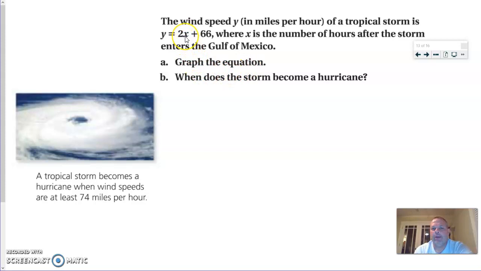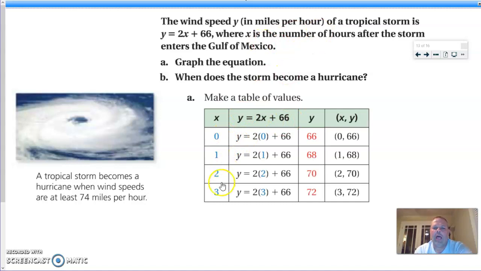This one is a little different. We would not have negative hours, so our graph all has to be positive. It could be at 0 when it actually enters. If I put in 0, we would get 66. One hour later, we would get 68, and so on. So that becomes this.